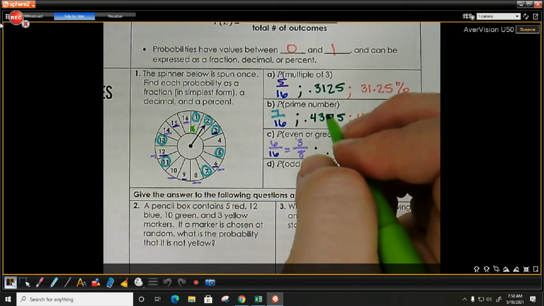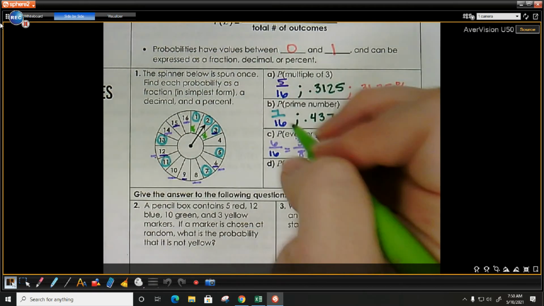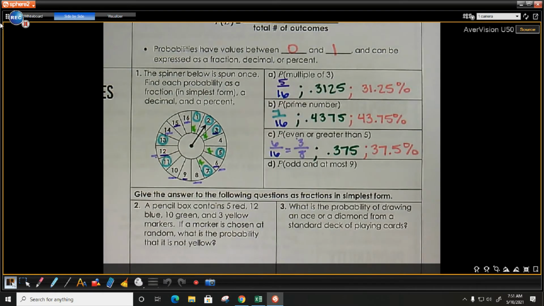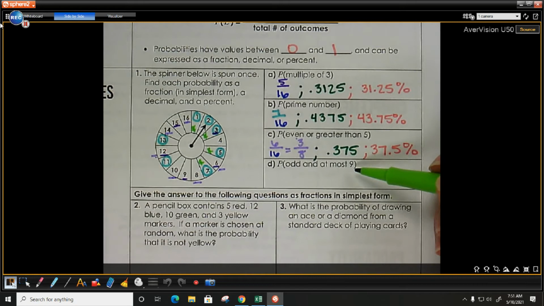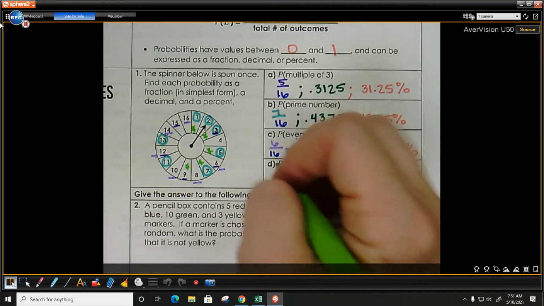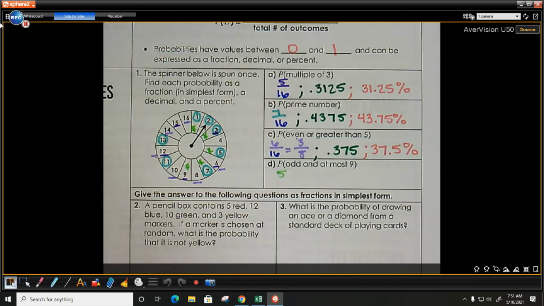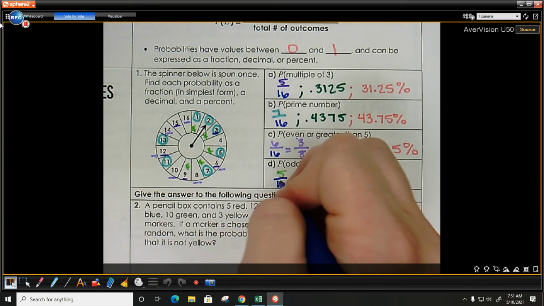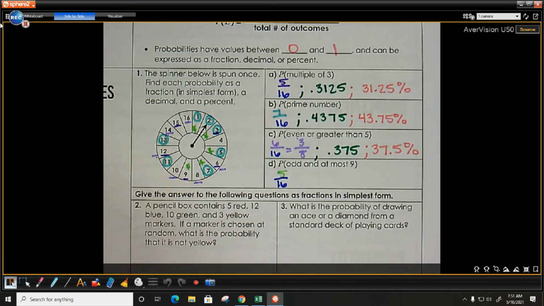No. 3 odd? 4? 5? 6? 7? 9? Can I include 9? Yeah, it says at most 9, so we can include 9, we just can't go higher than 9. So that's 1, 2, 3, 4, 5 possibilities over 16, which is the same as the probability of getting a multiple of 3.